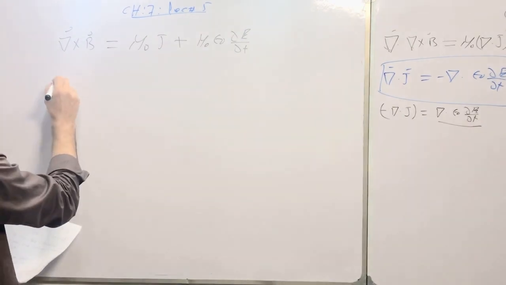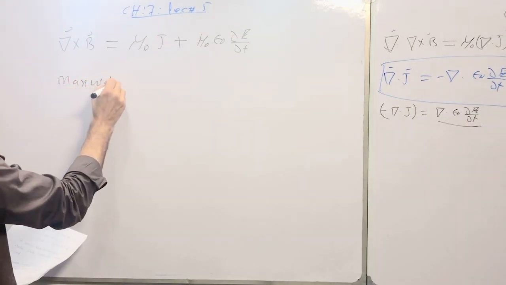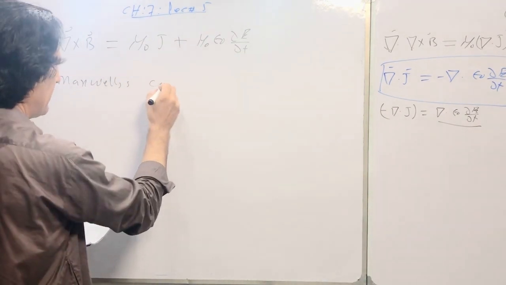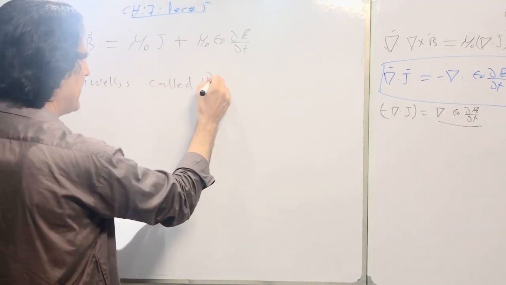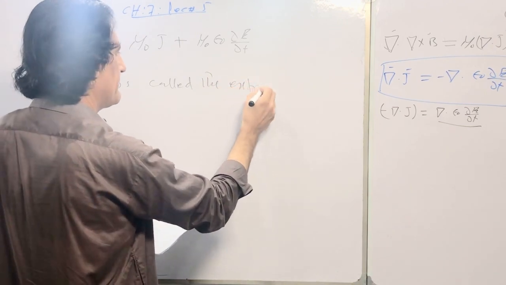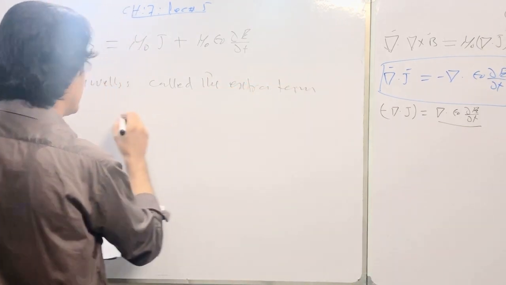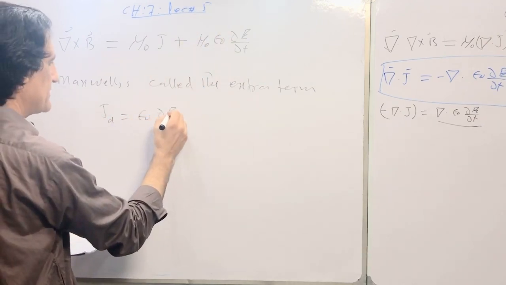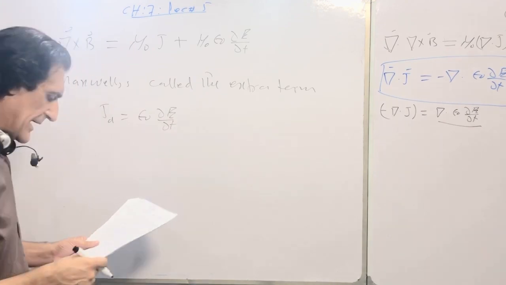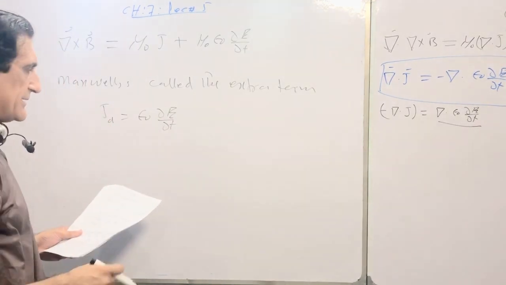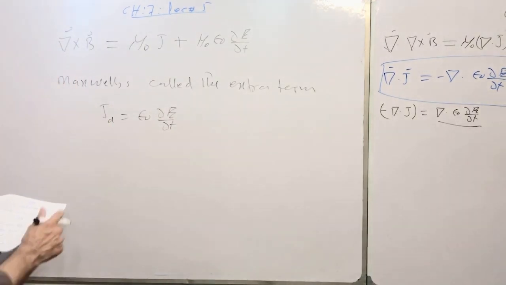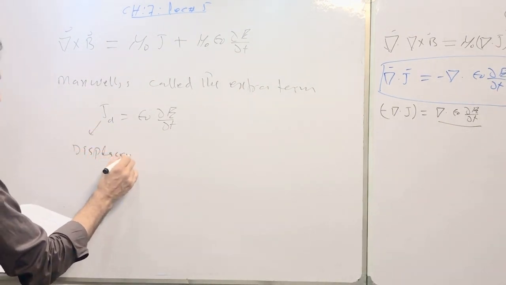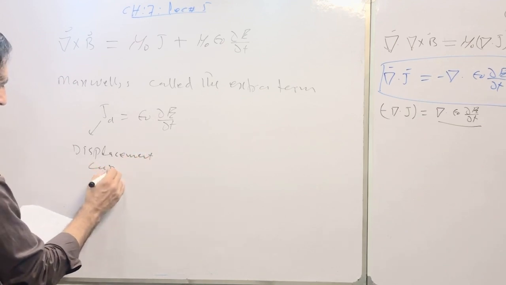Maxwell called the extra term JD, which is equal to epsilon naught partial E divided by partial T. This extra term they called the displacement current.